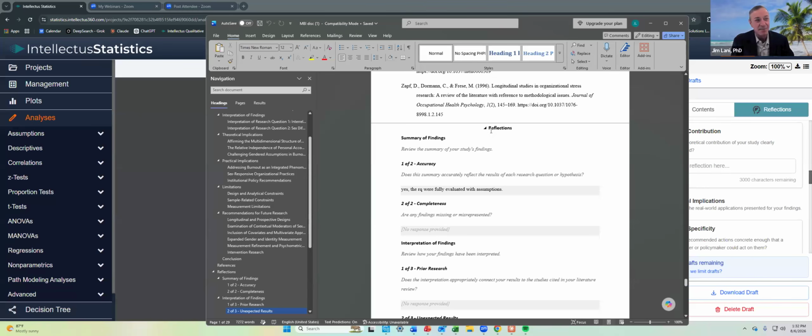So with the guided reflections, you have a sense of where the student is. If the student is blanking on some of these things, that's a learning opportunity to help them through that before they get to a defense, to see what they know and what they don't know. So you have that audit trail.